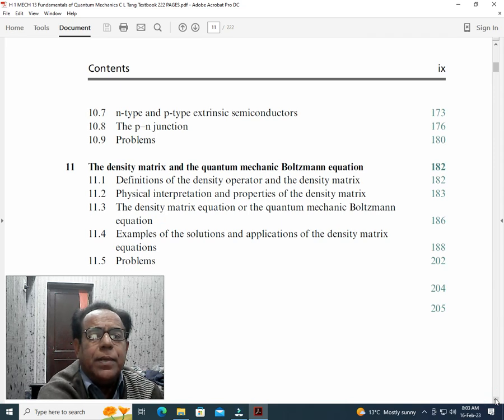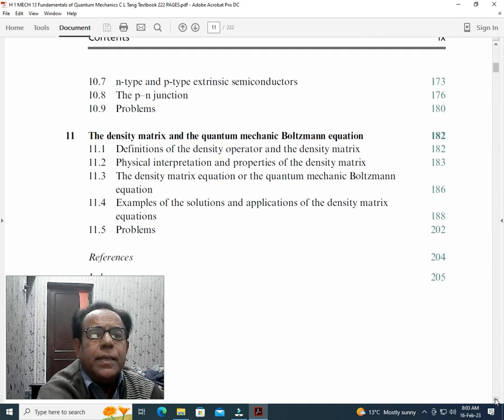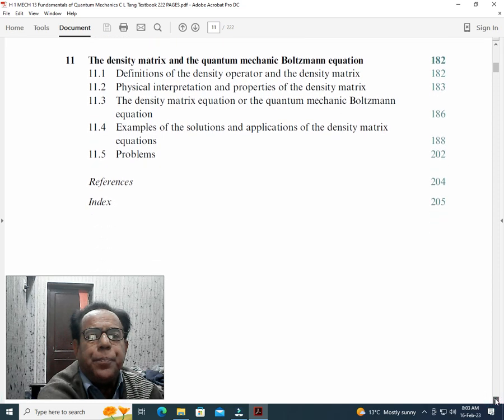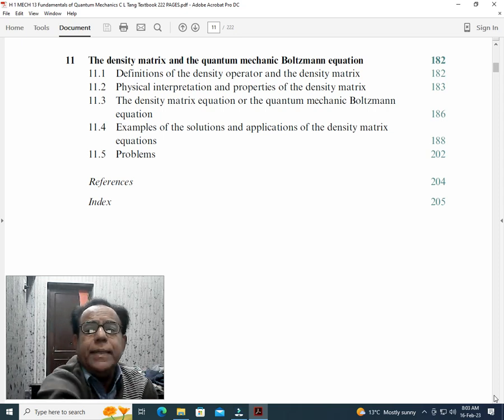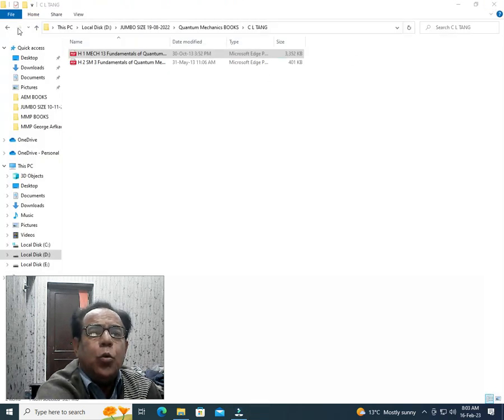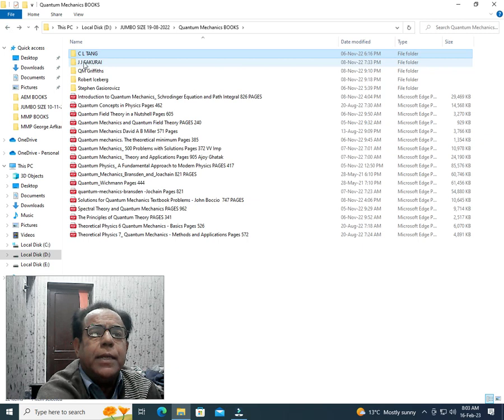Chapter number 11, which is the last chapter of this book, the density matrix and the quantum mechanics Boltzmann equation. Okay, this is the last chapter. That is, this book contains 11 chapters. Index is given at page 205. Now we move to second book. Okay.